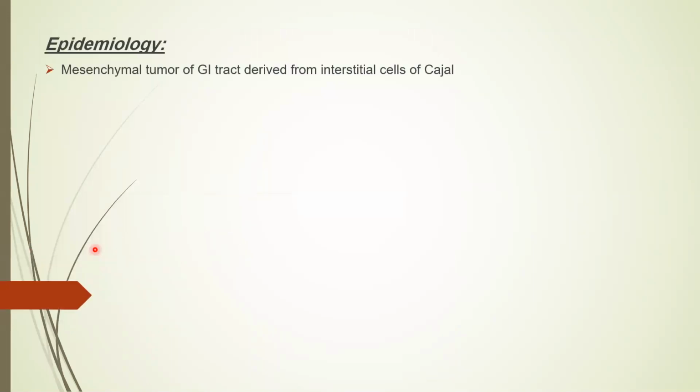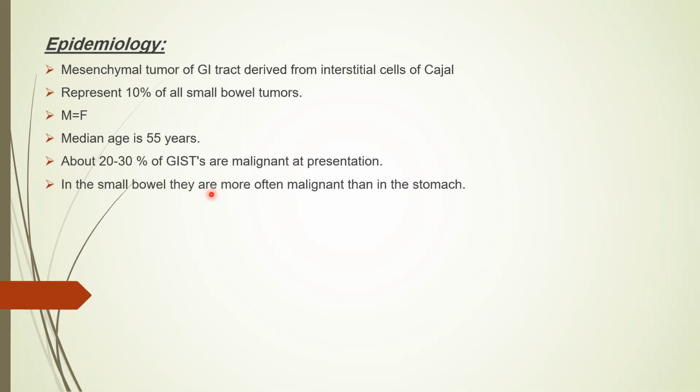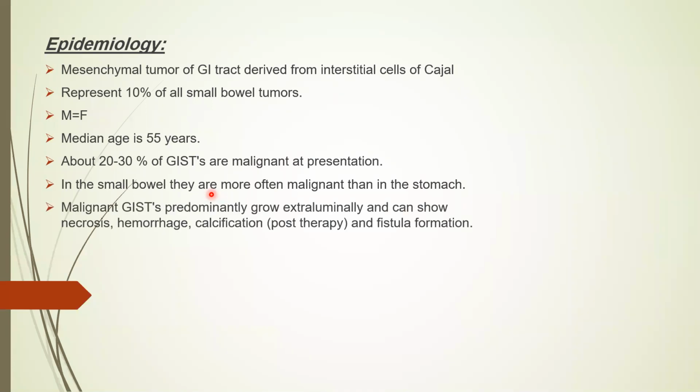The GIST is a mesenchymal tumor of the GI tract derived from the interstitial cells of Cajal. It makes up 10% of small bowel tumors, male equal to female, median age of 55, and 20-30% are malignant at presentation. In the stomach, they are more likely to be malignant. The tumor usually grows extraluminally.